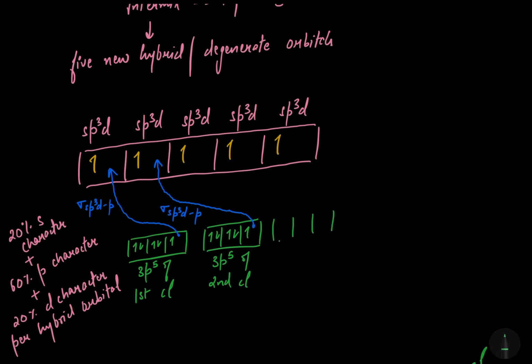Now let's talk about the third chlorine. This is the 3p of the third chlorine, which has 5 electrons: the first, second, third, fourth, and the fifth.